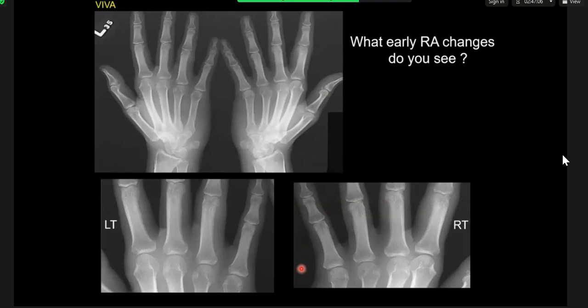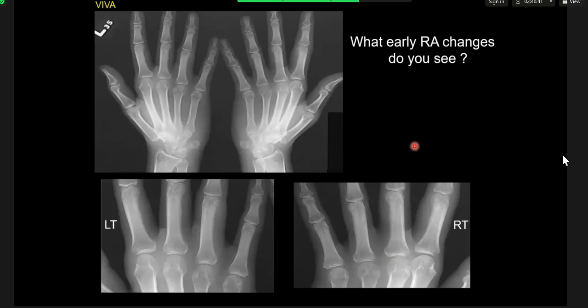Okay, so this is a radiograph of both hands in a skeletally mature patient. I can see periarticular osteopenia predominantly surrounding the proximal interphalangeal joints. There is soft tissue swelling as evident in the left second metacarpophalangeal joints bilaterally.